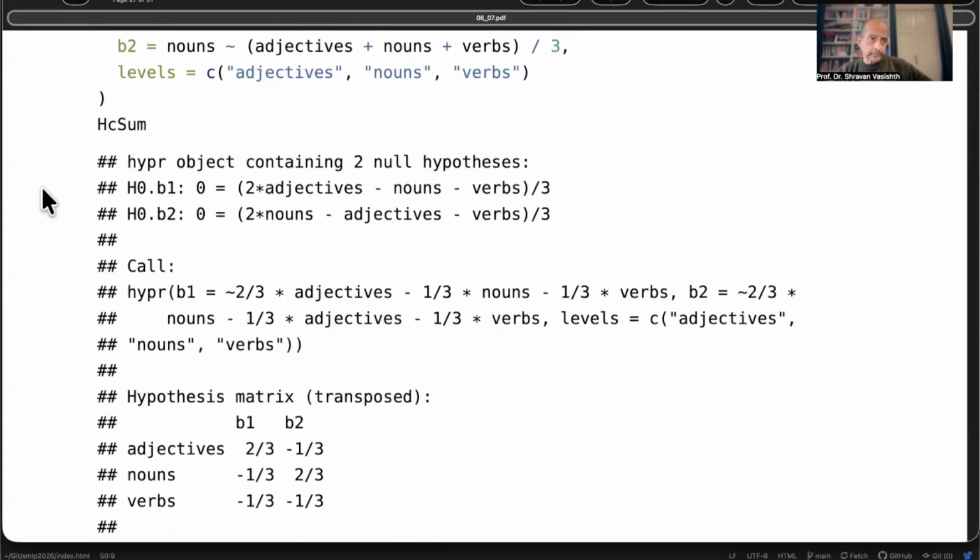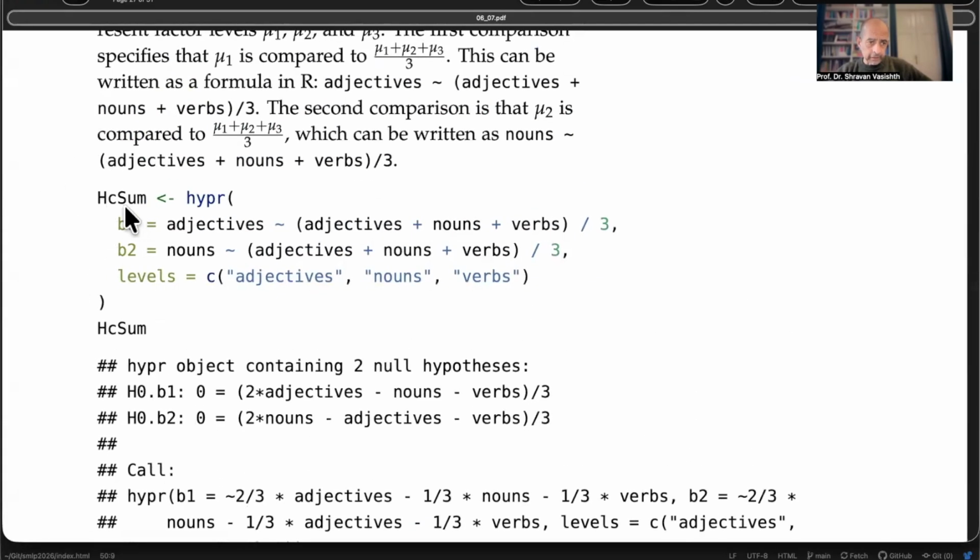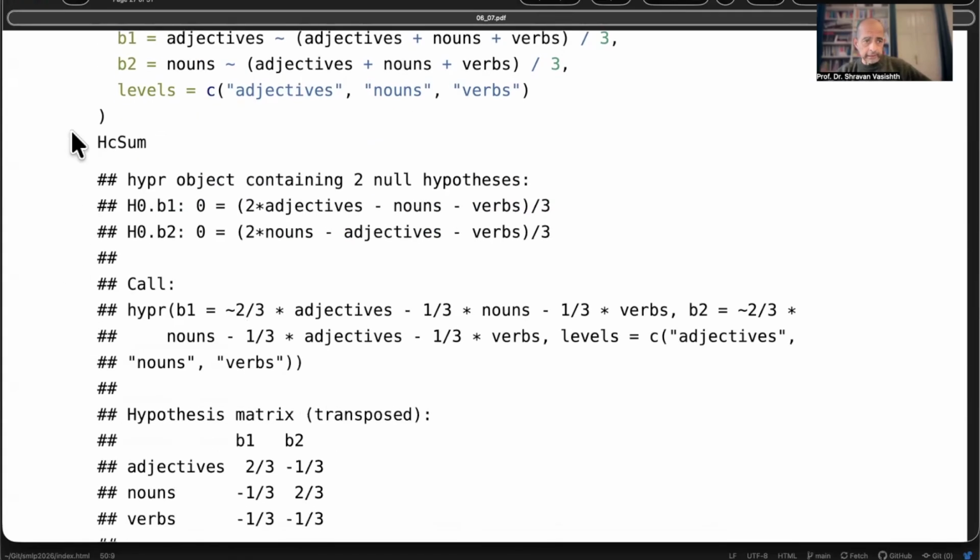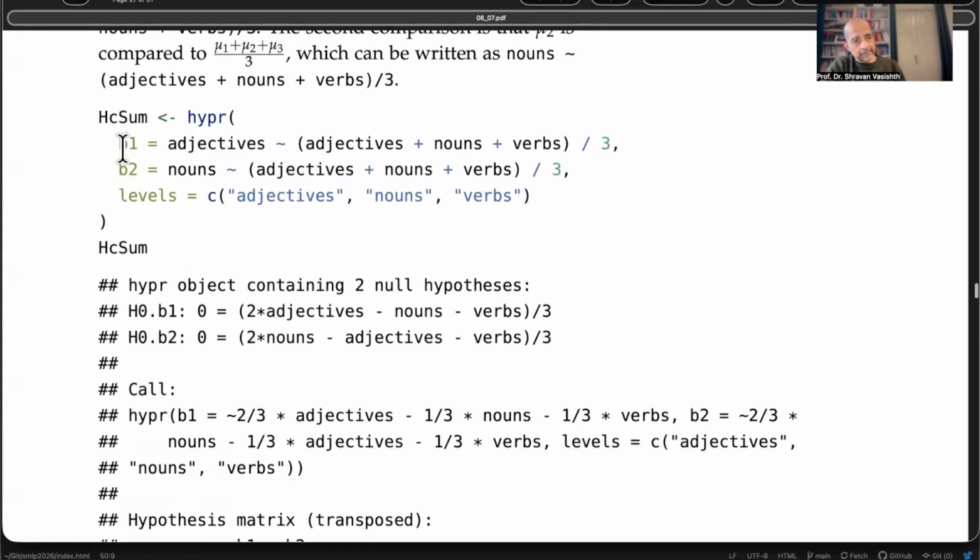So when I save this hyper object as HCSum, and I look at the content of HCSum, what you'll see is the two null hypotheses laid out. And the names of these hypotheses are coming from these names that we specify, okay?